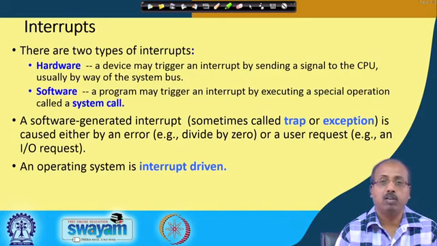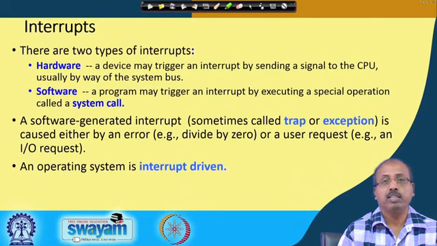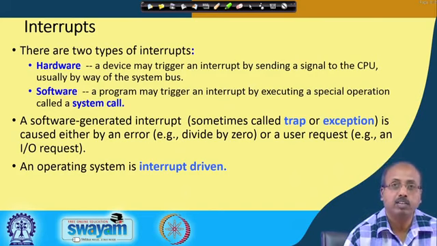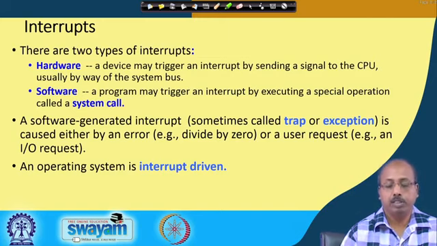The processor or the CPU should not wait that much time. When the disk controller has done the transfer, it may tell the CPU, okay, the transfer is over, so you can take the content from the location. That way we can have an interrupt coming from the disk controller. So this is one type of situation.